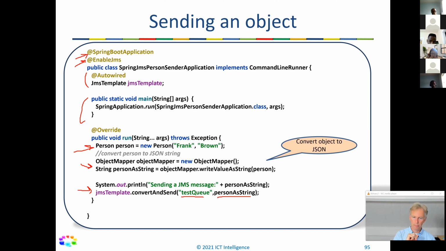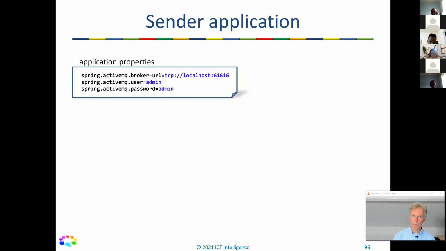How does it know where to send it to? application.properties. Here, this is the configuration that I put in application.properties. ActiveMQ runs on this localhost, this port, and the default to do something on it is user ID admin, password admin.